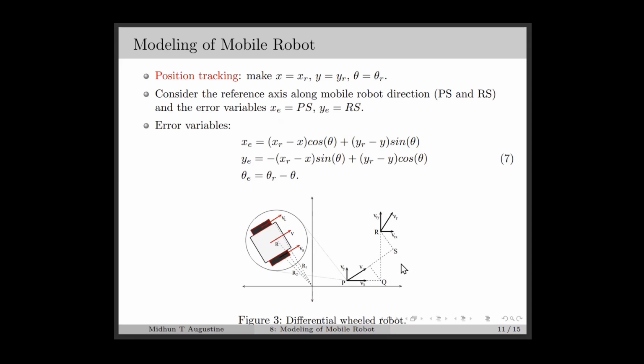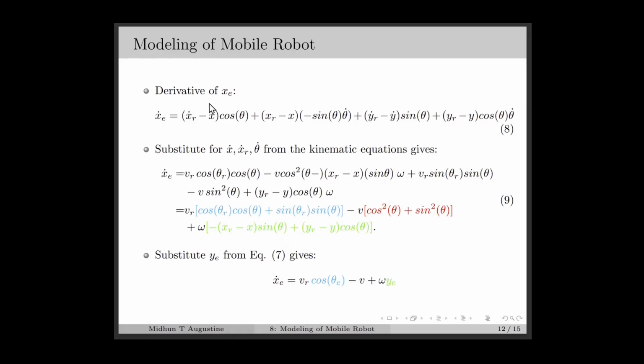Similarly, we can obtain YE as minus (XR minus X) sin theta plus (YR minus Y) cos theta, and theta E will be equal to theta R minus theta. Then we can take the derivative of each of these variables to obtain the error dynamics, where we obtain XE dot as in equation 8.